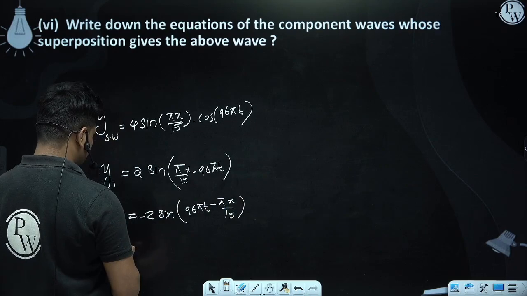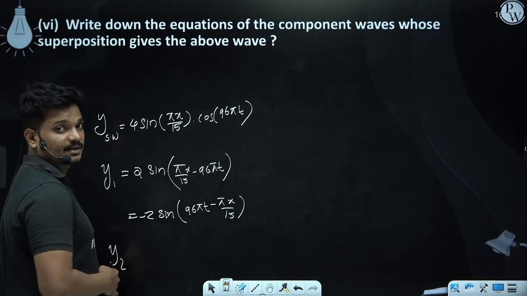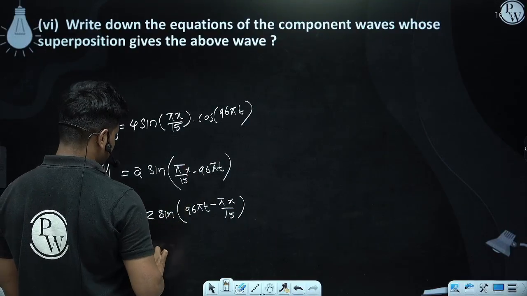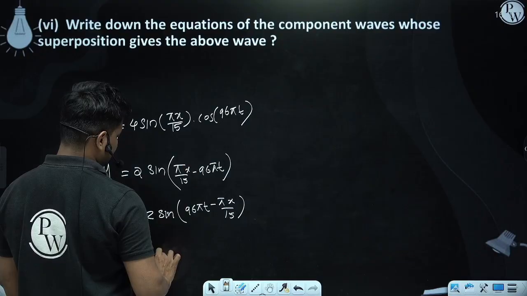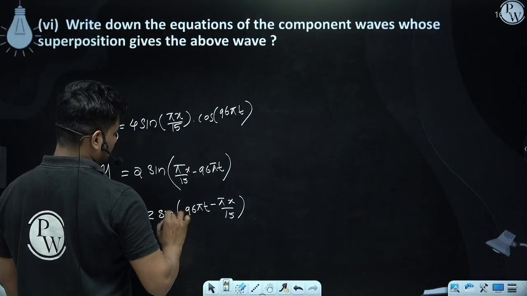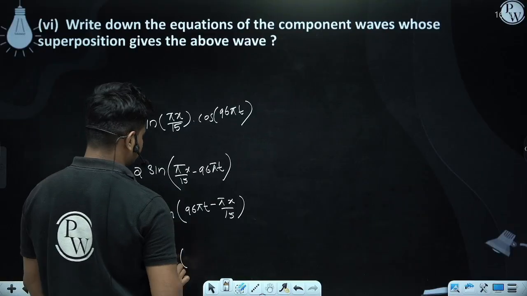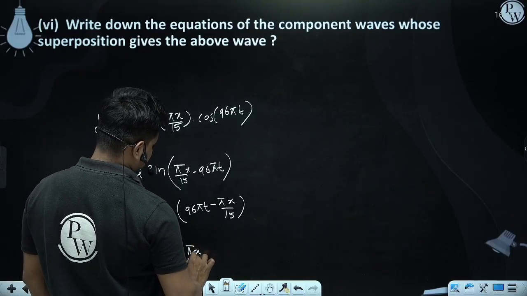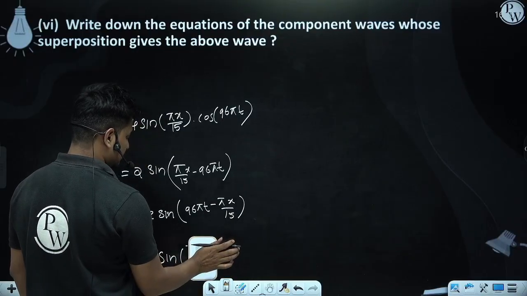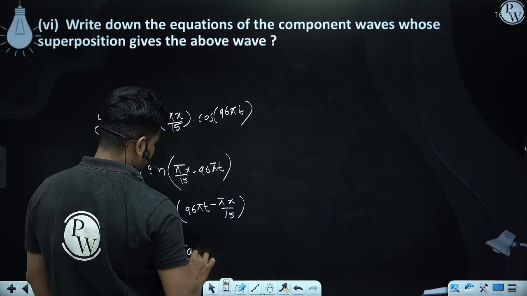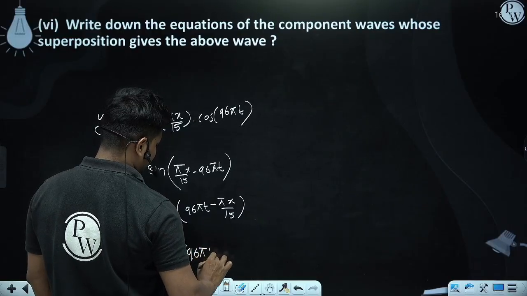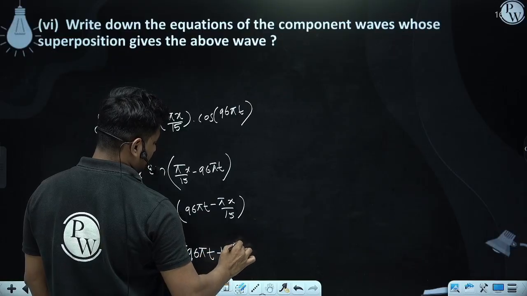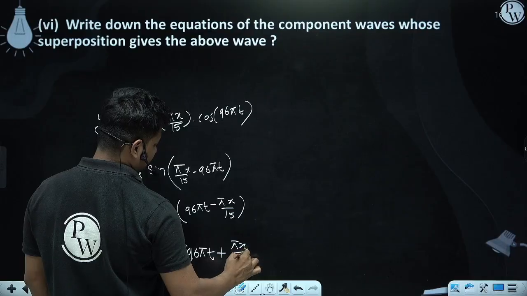Then what is y2? In the second case, y2 is 2 into sine, moving in the opposite direction, hit at the free end, 96 pi t plus pi x by 15.